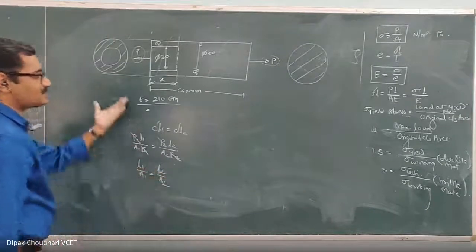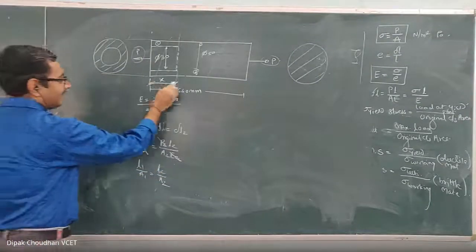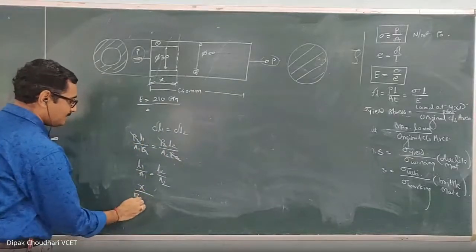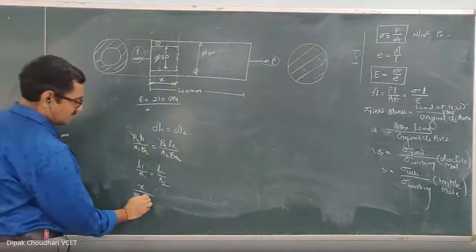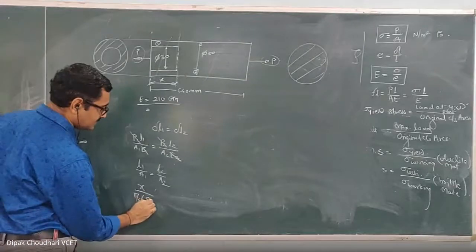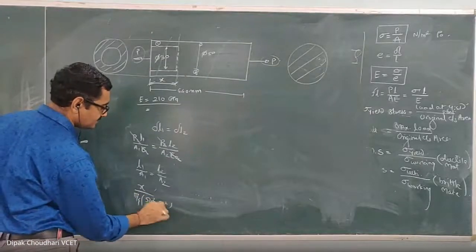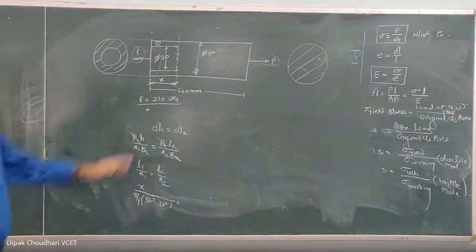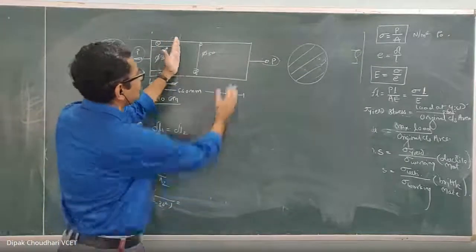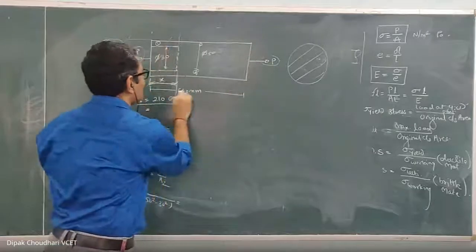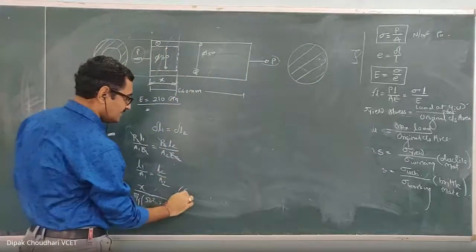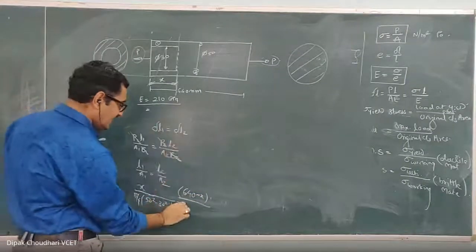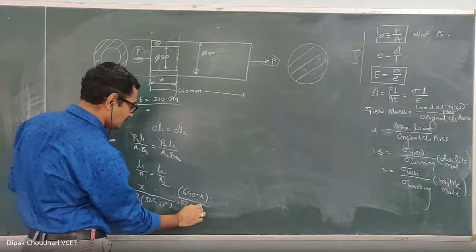Just substitute the values. L1 is x, and the area is pi by 4 into (50 square minus 30 square), because it is the hollow part. How much is the length of the second part? We have considered this section, and this is the solid part. Its length is 640 minus x, and its area is pi by 4 into 50 square.